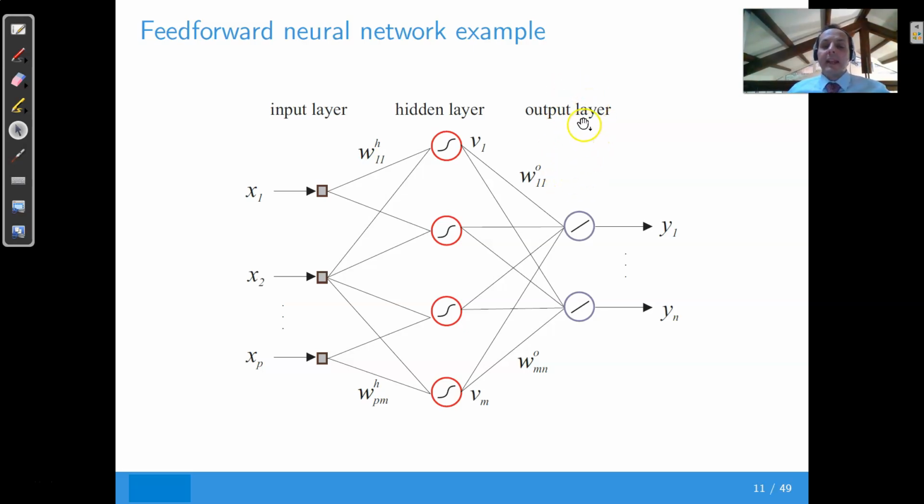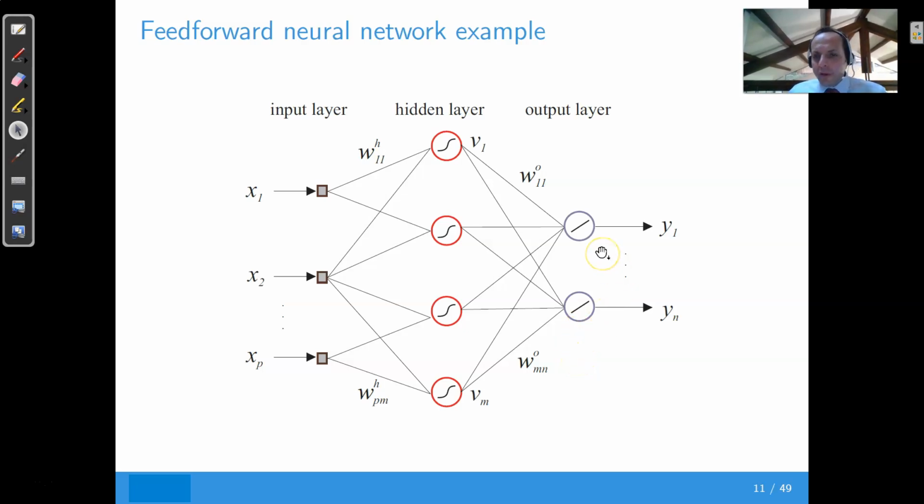For the output layer, using the same notation, we have W with the upper script O, because it refers to the output layer, and again with the subscript, which refers to the number of the neuron in the hidden layer with respect to the number of the neuron in the output layer.